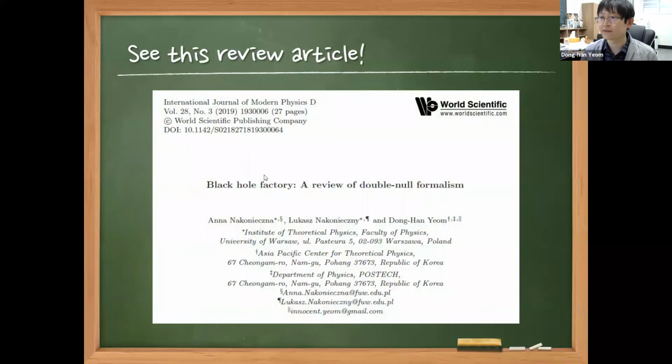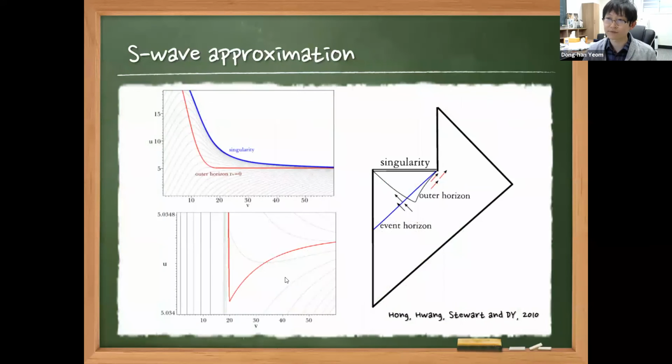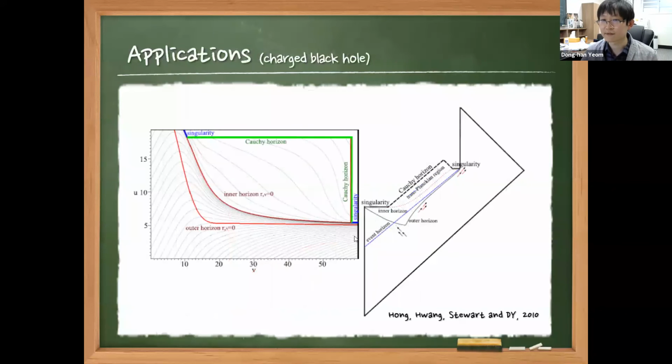And again, in this review article, I summarized some results of evaporating black holes. Even in the 4-dimensional case, you can see the change of the apparent horizon from space-like to time-like. So you can numerically confirm this change in 4-dimensional simulations. And you can also see the back reaction on charged black holes.